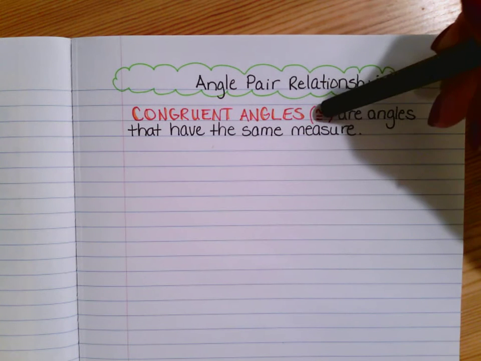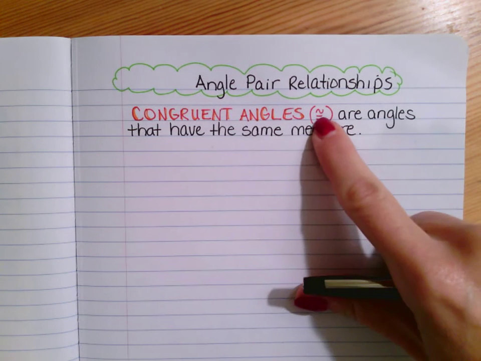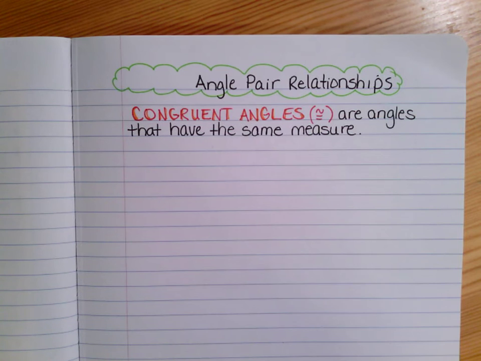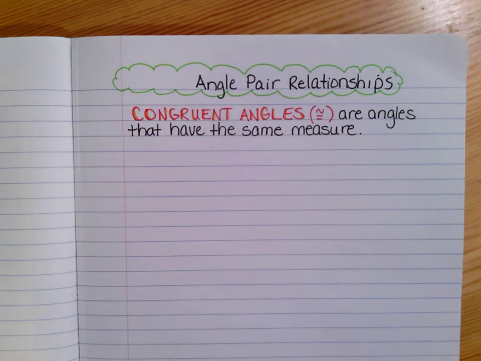And this symbol that we have in parentheses there is a symbol for congruent. You'll notice that it looks a lot like an equal sign with like a Spanish tilde over the top. And really, you can probably think of things in geometry that are congruent as being like equal, but we reserve the term equal for numbers and not for shapes.